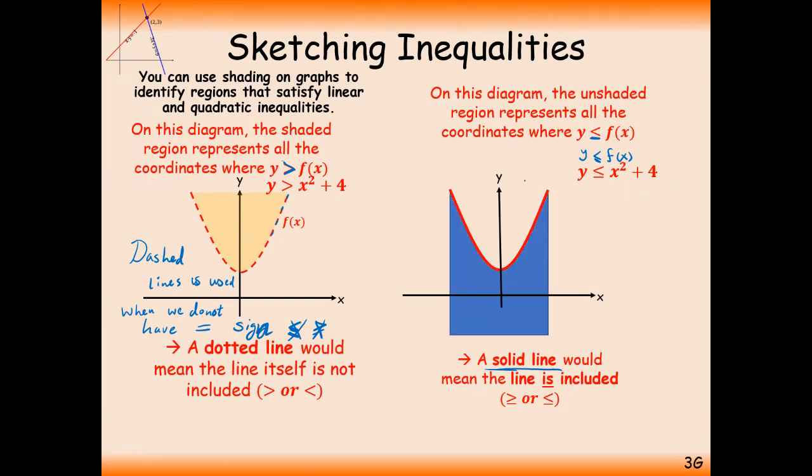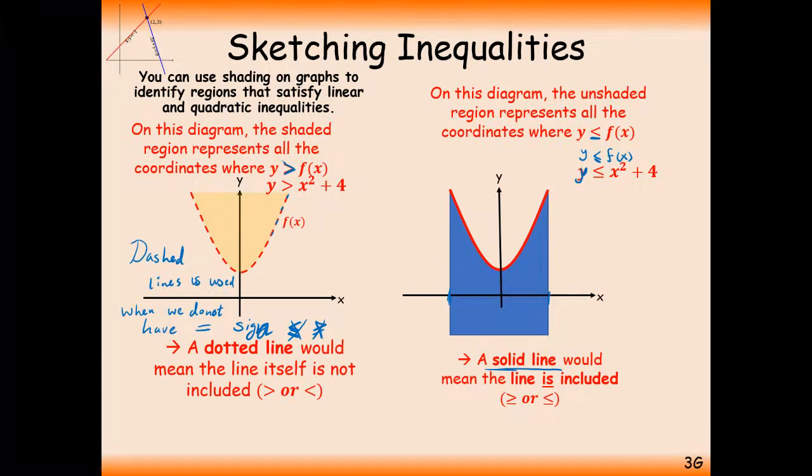Now, the question was saying y is less than x squared plus 4, so that's why we shaded below those y values. We don't know what the range is for x, but the point is that you shade below the graph.